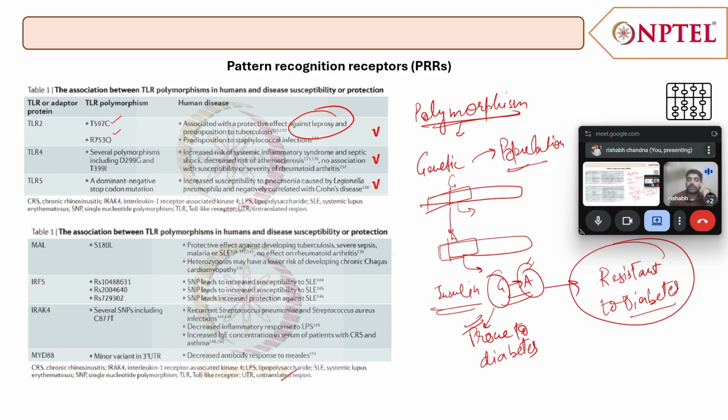Then we have MyD88, that is a major signaling molecule for the TLRs. The minor variant in the 3' UTR decreases the antibody response to measles. So this is how different polymorphisms help in making a particular individual prone to a particular disease or protect against infection from other diseases. If you have any doubt, you can ask.